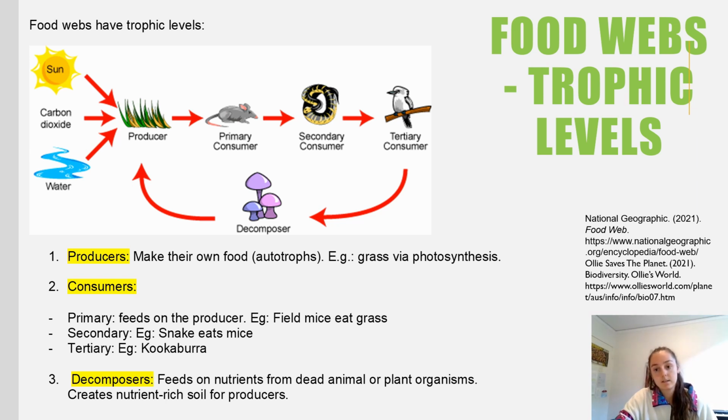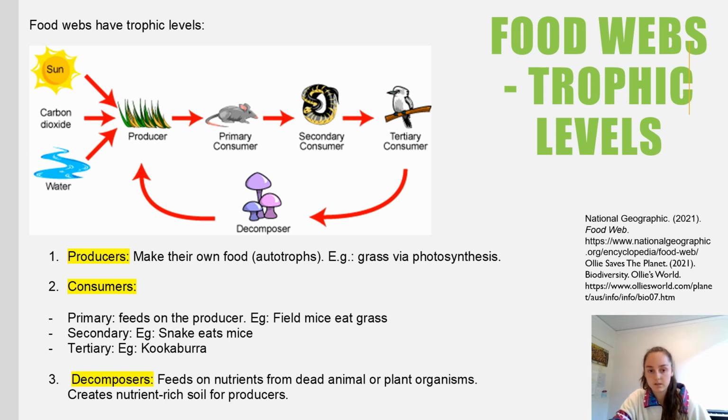The second trophic level is consumers. Starting with primary consumers, which is the mouse in this diagram, which feed on the producer. Then the secondary consumer, which is a snake, feeds on the primary consumer, and the tertiary consumer, which is a kookaburra, feeds on the secondary consumer.